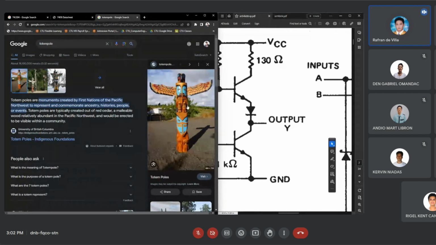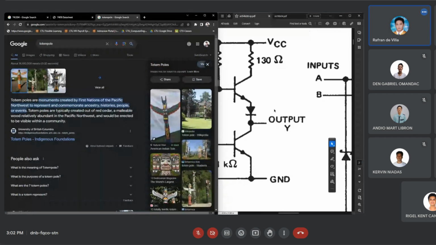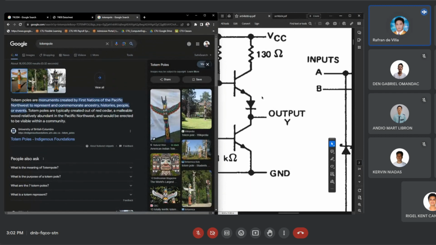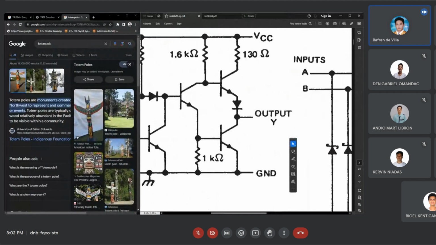So similar to the design of the totem pole, the components are stacked. So a totem pole output, based on its design, is capable of generating a positive high voltage and a negative or a zero voltage because of this design.